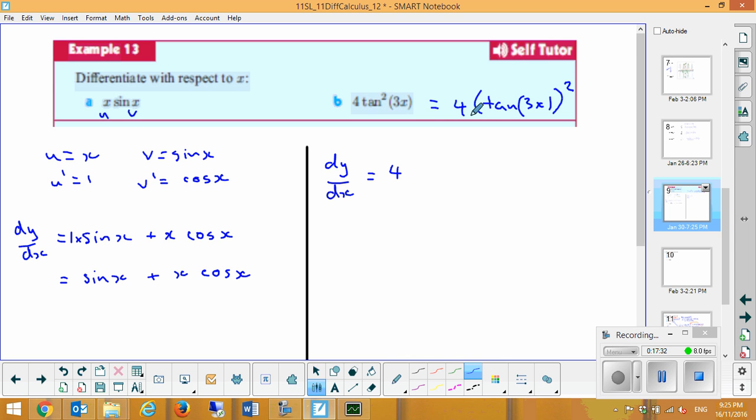So do the outside first. Down comes the 2. So we get 4 times 2 times tan of 3x. That's like to the 1. Now differentiate tan x.